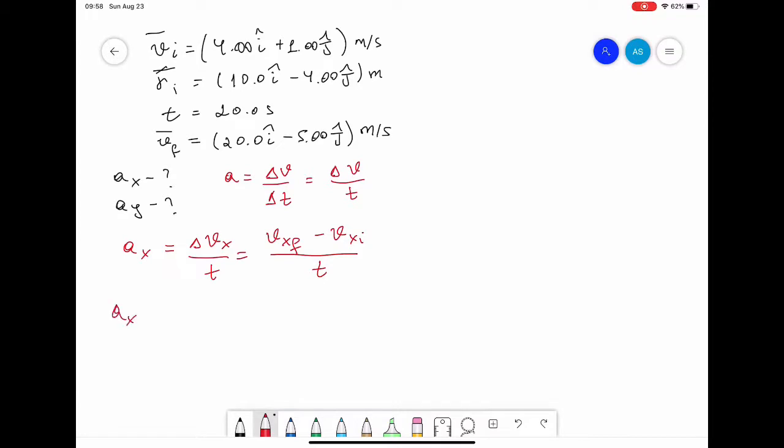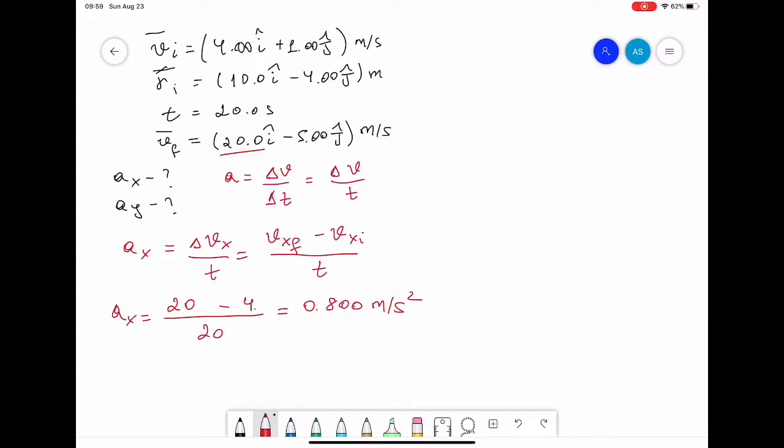So we consider only the x components: the final is 20, minus vx initial, which was 4, then divide by 20 seconds. If you do the calculation, you will find that ax is equal to 0.8 meters per second squared.